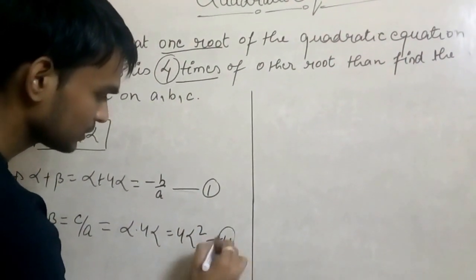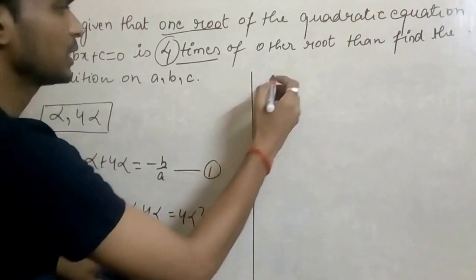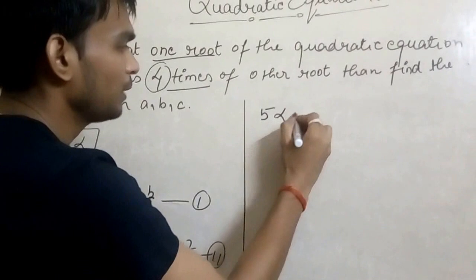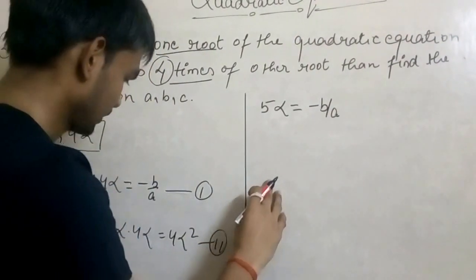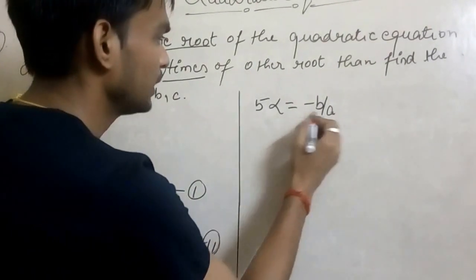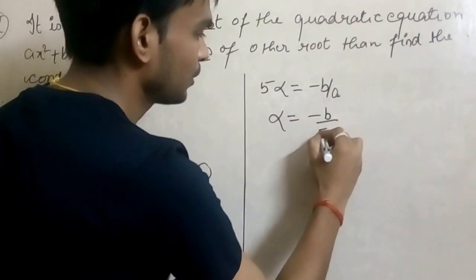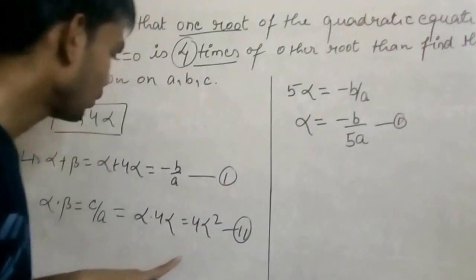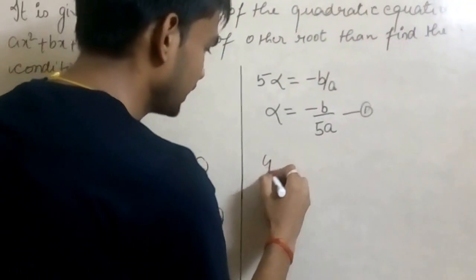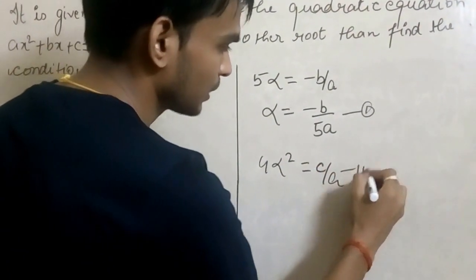This is the second equation. Okay. So here from the first equation we get 5 alpha equals minus b by a, and from here we get alpha equals minus b by 5a. This is the first equation. Okay, from the second equation we get 4 alpha square equals c by a. This is the second equation.